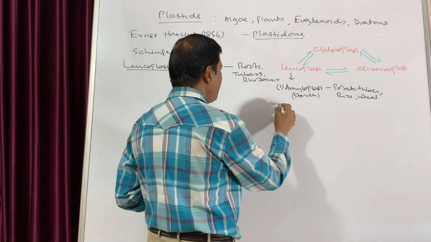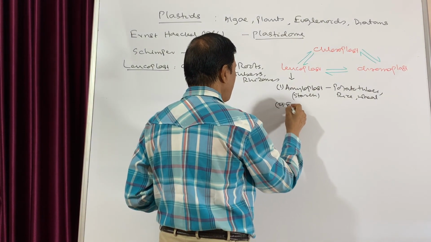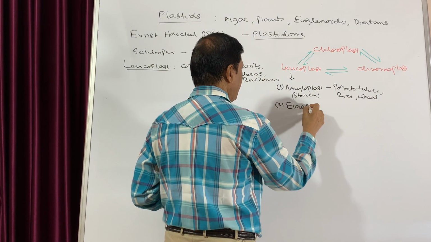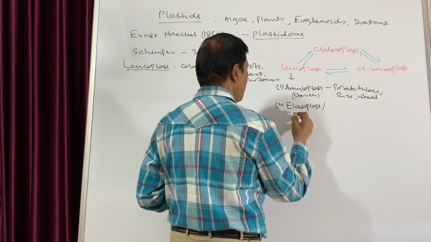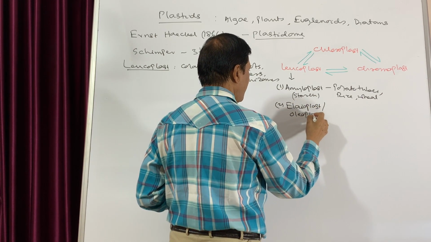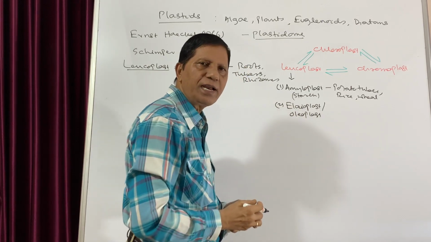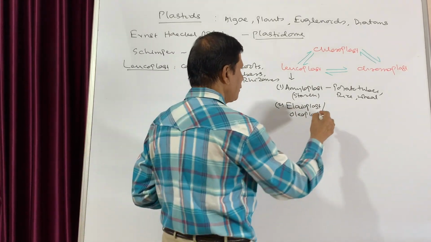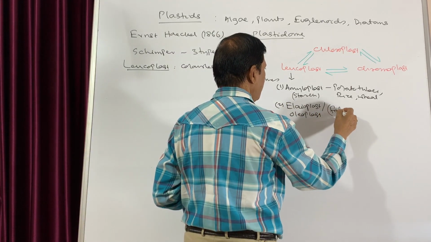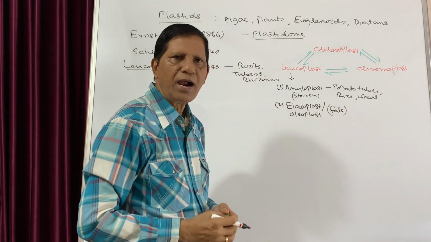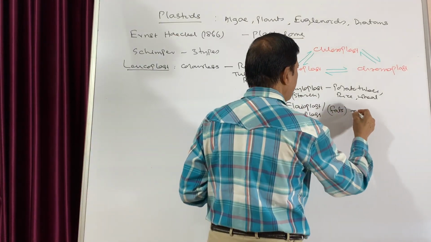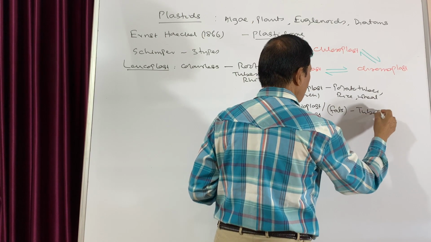The second type is the elaioplast, also known as the oleoplast, when they store fats. A common example is tuberose.